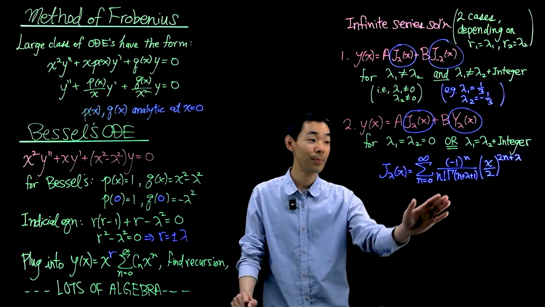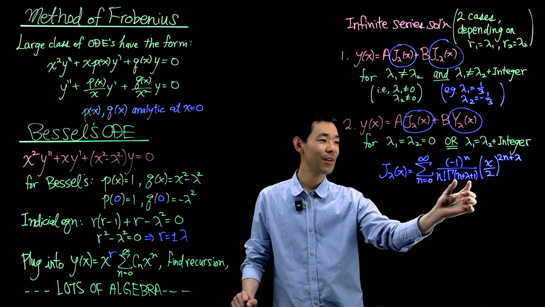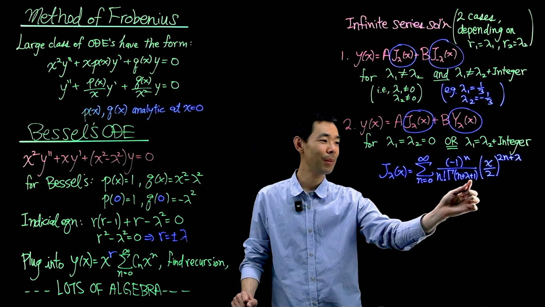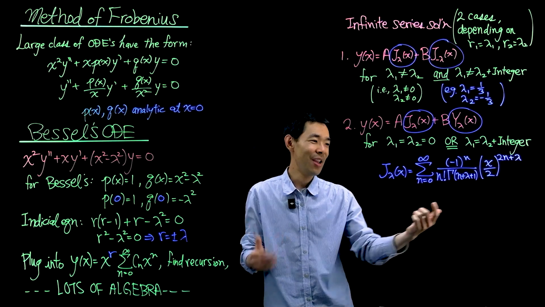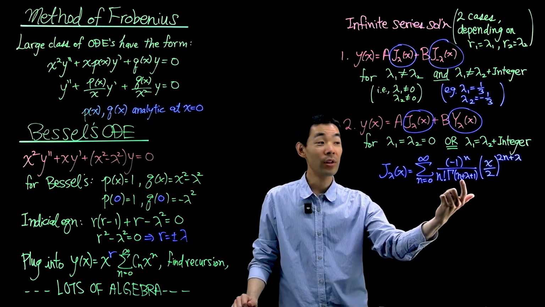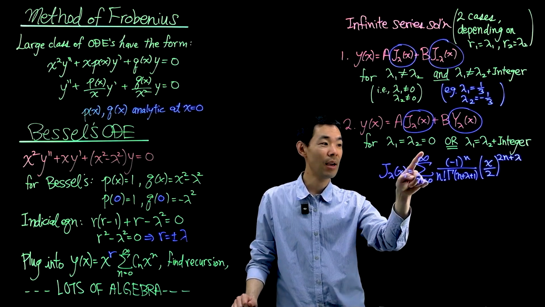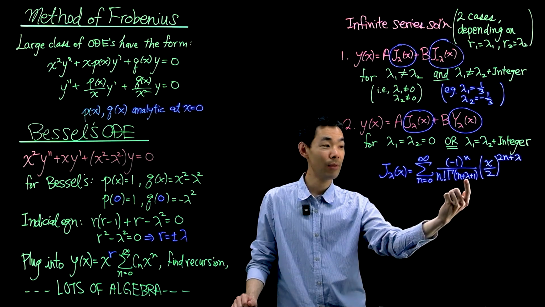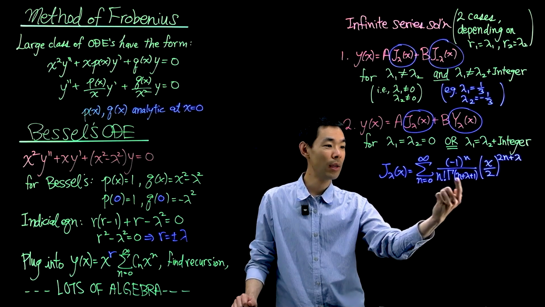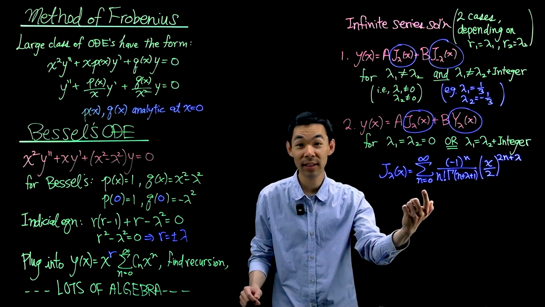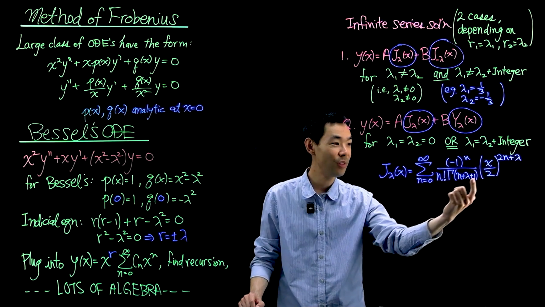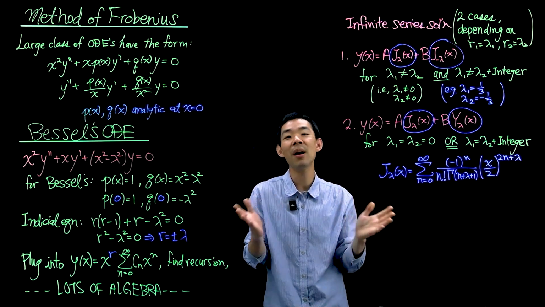But if you go back up to the board, you can see that this argument, n plus lambda plus 1, is going to be whatever it is. If lambda were to be 0, which is this case down here, then n plus 1 will always be integer values, and it'll always be positive integer values. Therefore, this thing right here is just a number.